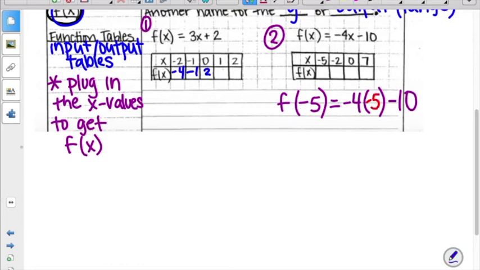So I have -4 times -5, which is positive 20. And then bring down your minus 10. 20 minus 10 is 10. So f of -5 is equal to 10. So in my box, I'm going to put a 10.